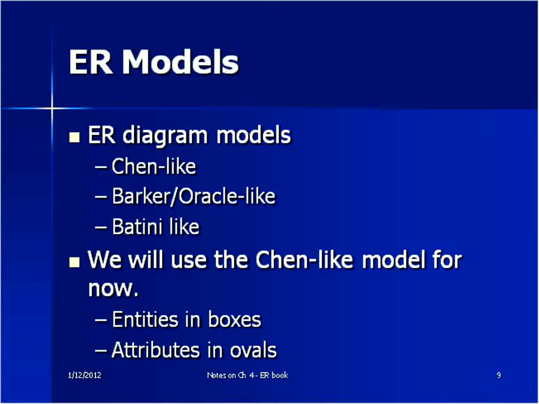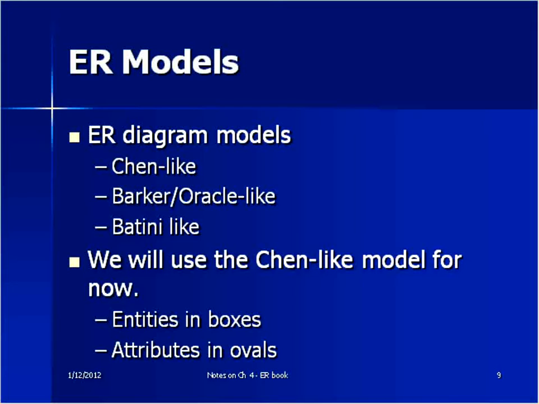Now there are many different kinds of ER models. There's the Chen-like model, there's the Oracle-Barker-like model, there's the Bachman model, and there's actually a whole bunch of other models. But in this course, we will be focusing on the Chen-like model, and you'll pretty much know the reasons why, because the Chen-like model is very descriptive and really helps us translate into the relational database very well.